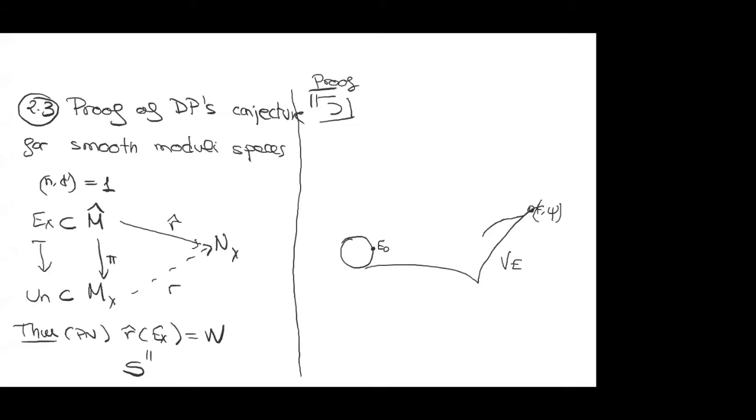Let me use another color, blue we had. So we contract the curve to E0, except for that point that goes to some higher fixed point.